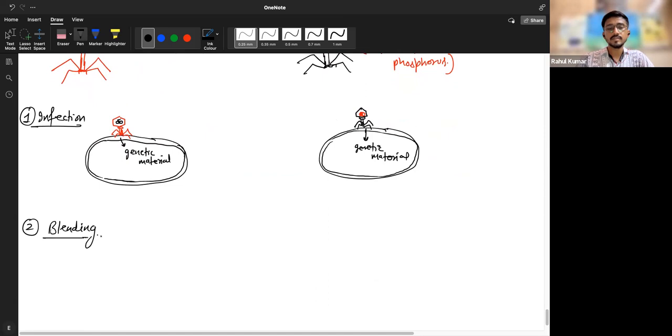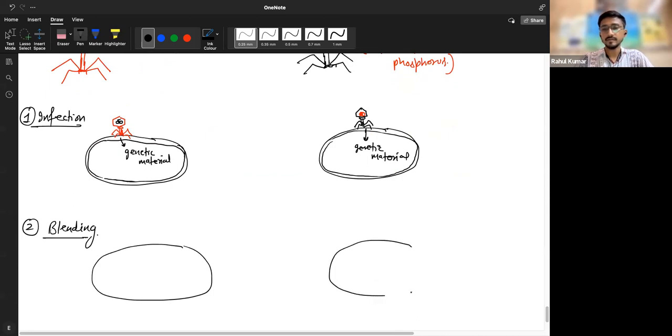Now, what we will do is this bacteria, E. coli, will be agitated in a blender. In a blender, you just shake it well so that all the bacteriophages that were attached to the surface get detached. This bacteriophage which was attached here gets detached and goes away.